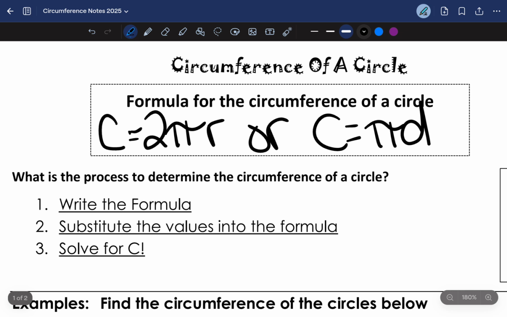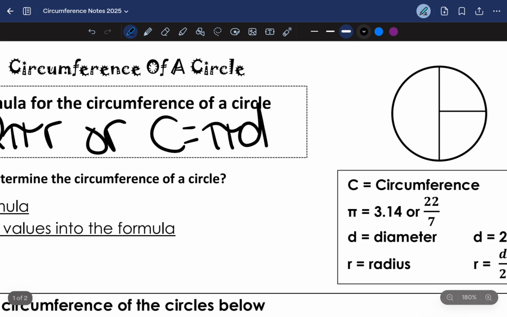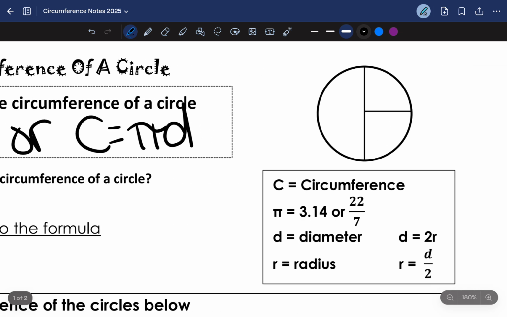So what is the process for determining the circumference of a circle? Like we did yesterday, we identify whether we have the radius or the diameter, then write the correct formula, substitute the values into the formula, and solve for circumference. Some important things to know: circumference is represented by the letter C. Pi is 3.14, unless we have a fraction, then we use 22 over 7.